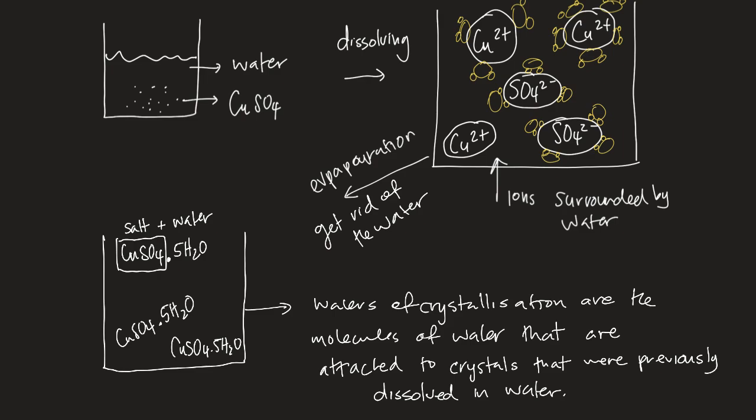So you're not actually going to get out the pure crystal. Once it gets to this stage, it cannot just be CuSO4. That's wrong. It has to be in its crystalline form, in its crystallization form, which is CuSO4 attached to 5H2O.